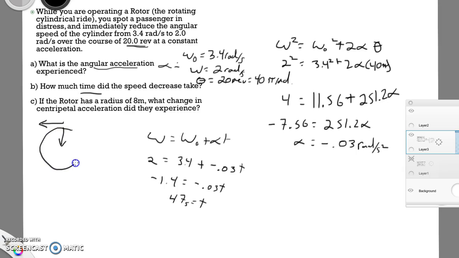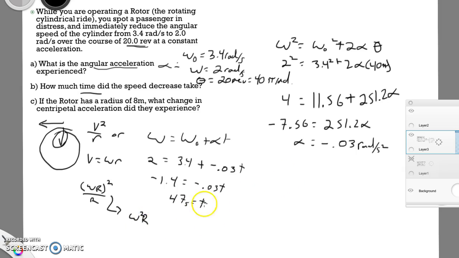So this is the circle. We want to look at this, which, if you remember, is v squared over r. Or, if you remember that v is equal to omega r, then it is equal to omega r squared over r, or omega squared r.